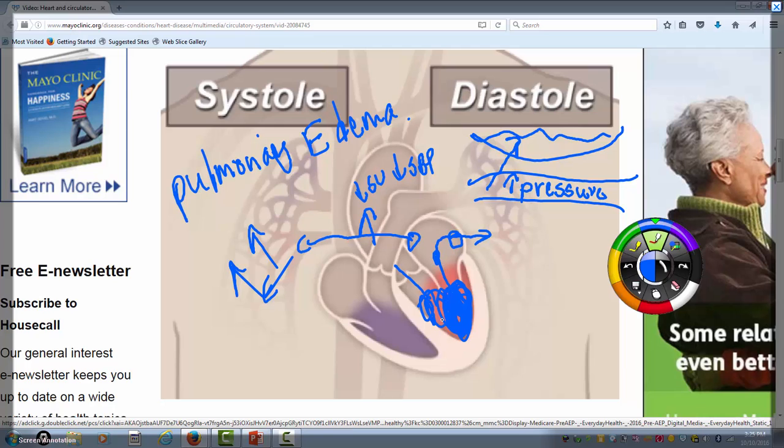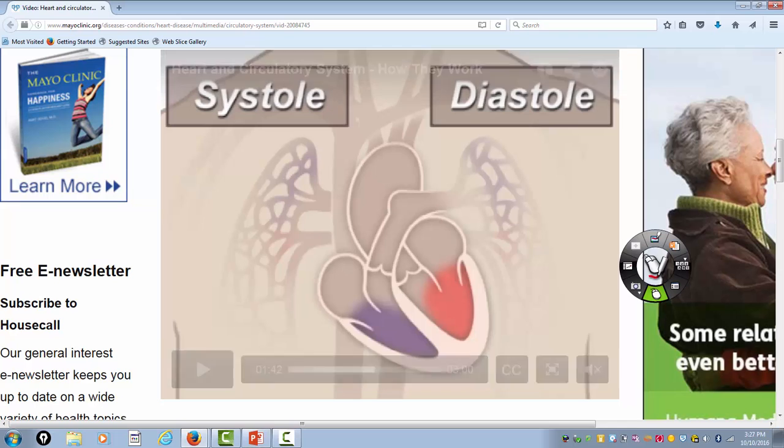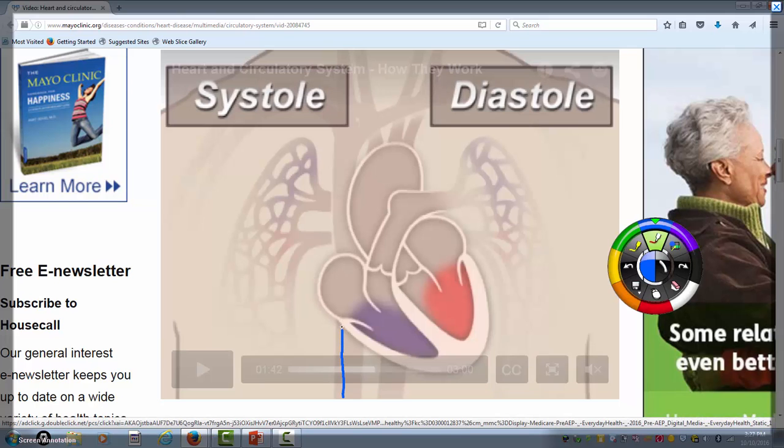So in a person with congestive heart failure, do you want a lot of venous blood coming back to the right side of the heart? No, because if you do, you're going to overstretch the ventricle.